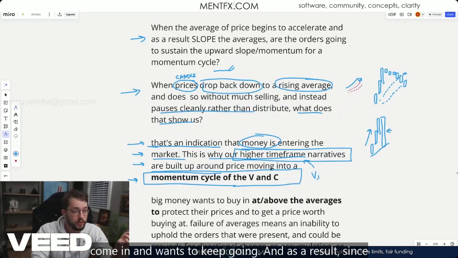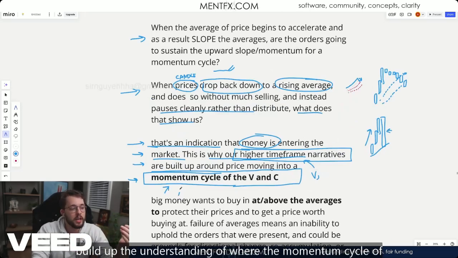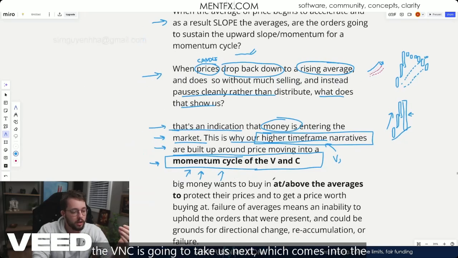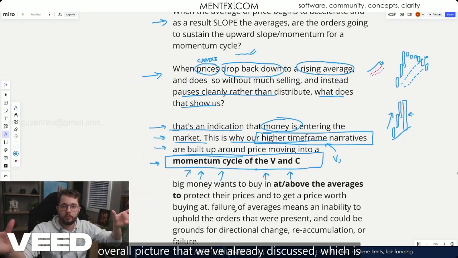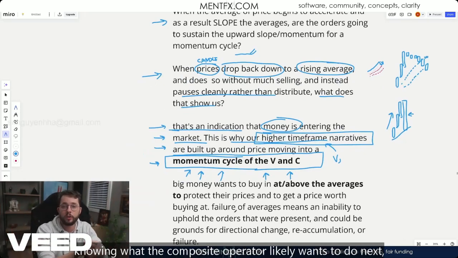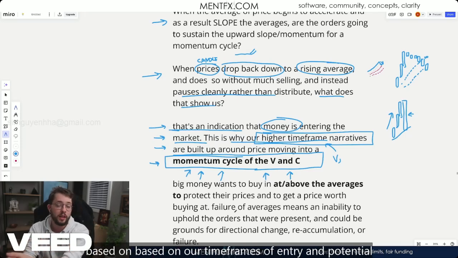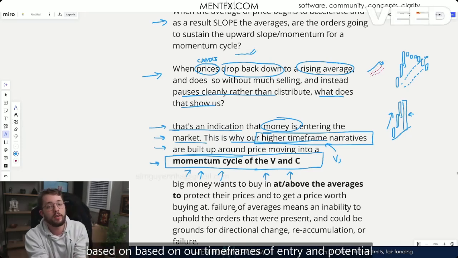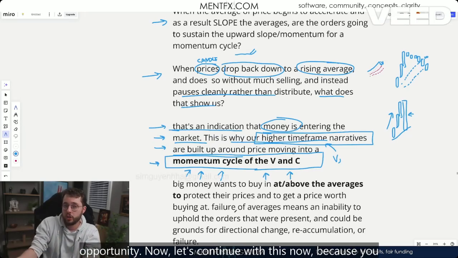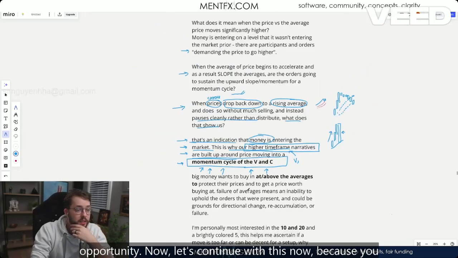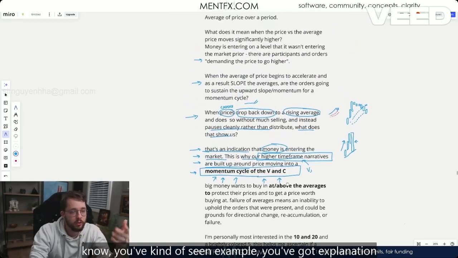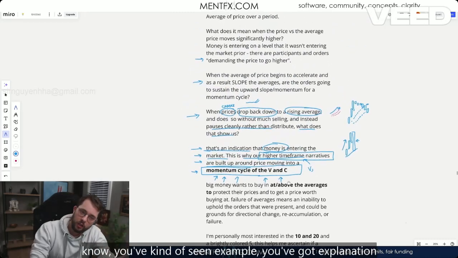And as a result, since that's indication that money's coming in, we use that to build up the understanding of where the momentum cycle of the V and C is going to take us next, which comes into the overall picture that we've already discussed, which is knowing what the composite operator likely wants to do next based on our timeframes of entry and potential opportunity. Now, let's continue with this, because you've seen explanation plus example.